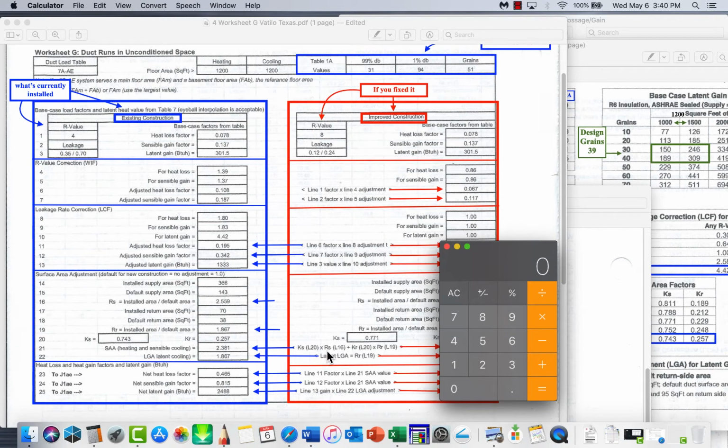The KS, line 20, times the RS, line 16. KS is right here, so clear the calculator out, 0.743 times this number right here, the line 16, 2.59. Okay?